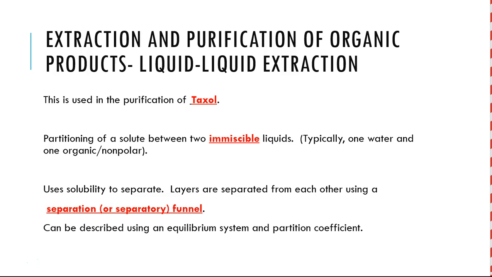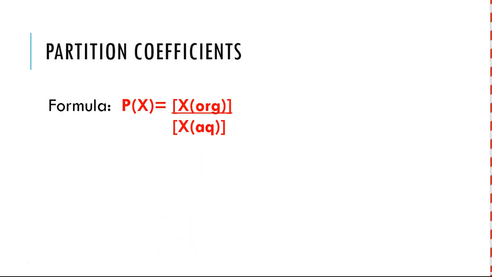And we can describe this process using a partition coefficient. So the formula for a partition coefficient is that the partition coefficient of solute X is equal to the concentration of X in the organic layer, whatever that is, divided by the concentration of X in the aqueous layer. Okay?